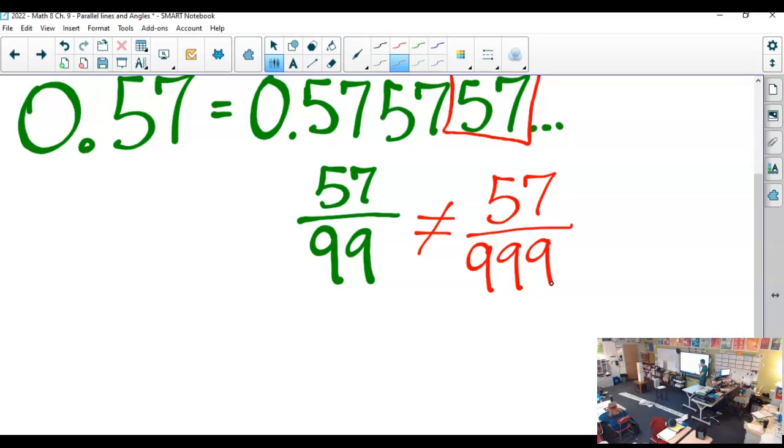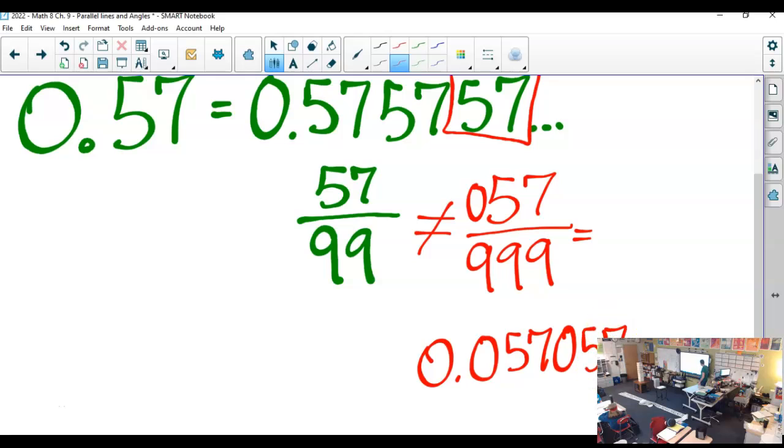Lily? A 0. So is 057 the same as 57? Yes, because there's no hundreds. But then this would repeat 0.057, 057, 057. It doesn't sound great, but that is fine. That is still a rational number, right?